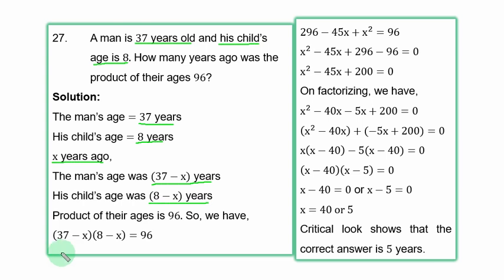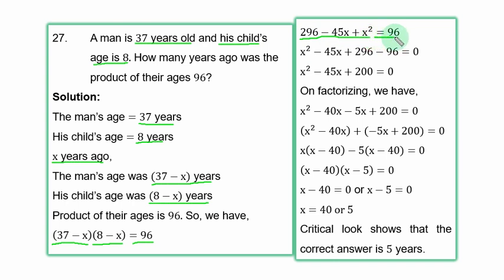So you have 37 minus S in bracket times 8 minus S in bracket equal to 96. So if we expand the brackets in the left hand side, you have 296 minus 45s plus s squared equal to 96.